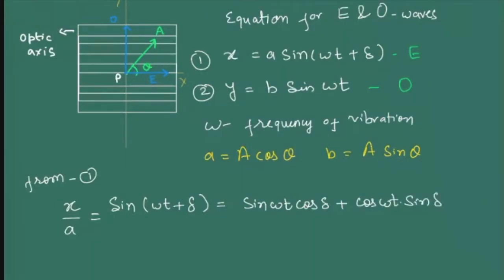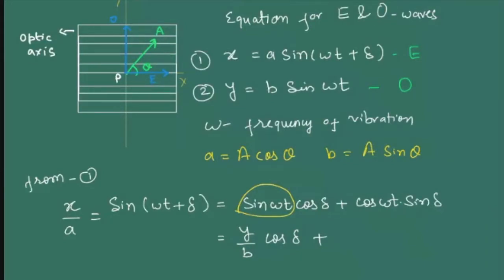We also know from here that sine of omega t can also be written as y by b. So let us substitute this sine omega t with y by b, y by b cos of delta plus, and we know the identity sine square theta plus cos square theta equal to 1.